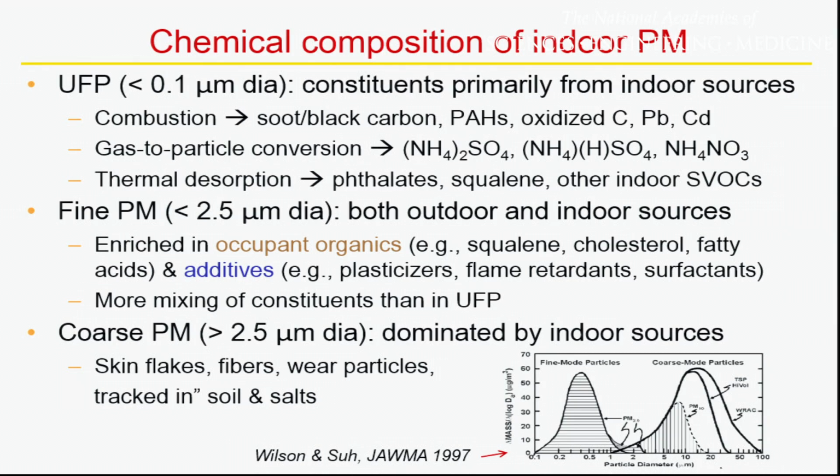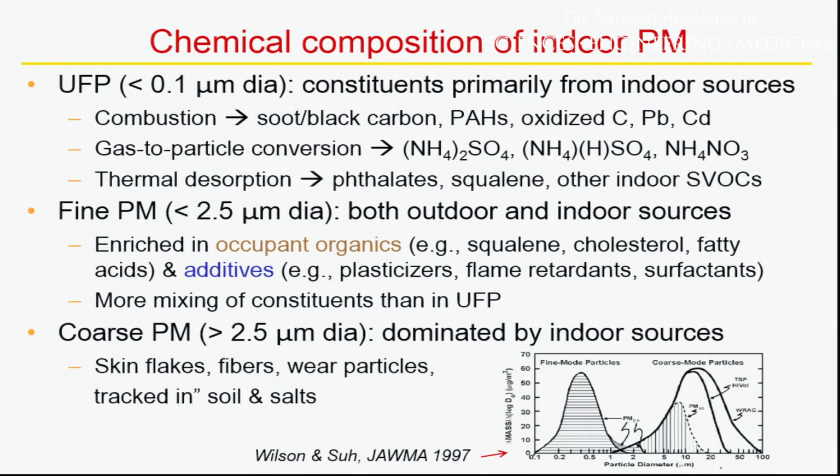That leaves us with fine PM. And as you've already heard, outdoor fine PM can penetrate a building reasonably well. A significant fraction of outdoor fine PM is finding its way indoors. And at the same time, we have indoor sources of fine PM. So the chemical constituents of indoor fine PM have both outdoor and indoor sources.